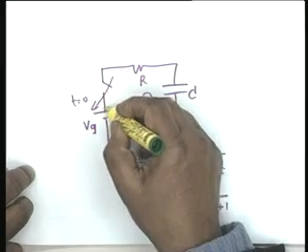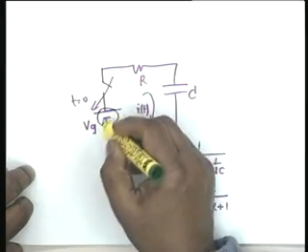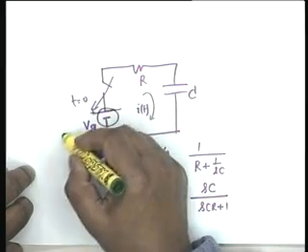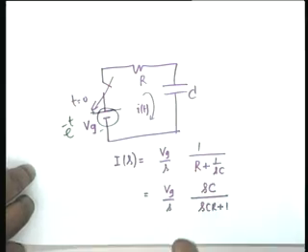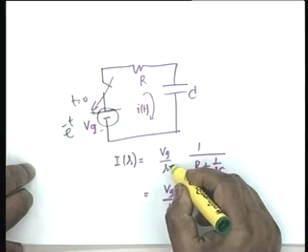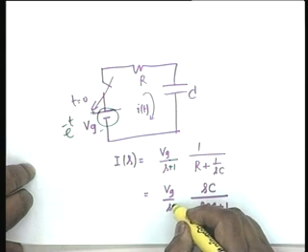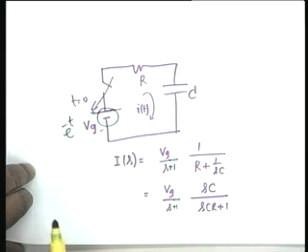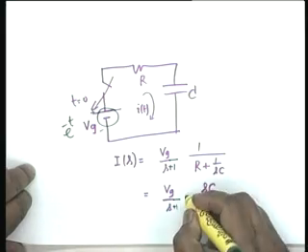Instead of a battery, this is Vg e to the minus t. Instead of a battery, it is an exponential source, Vg e to the minus t, switched on at t equal to 0. This will bring out the point more clearly. What I have is then Vg by s plus 1. Agreed? The transform would be Vg by s plus 1.